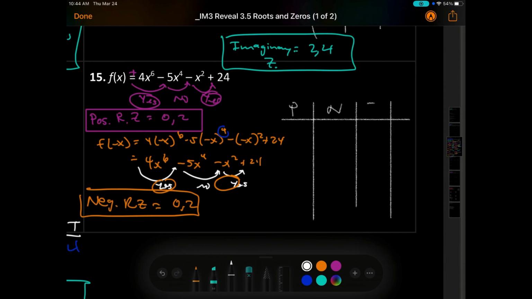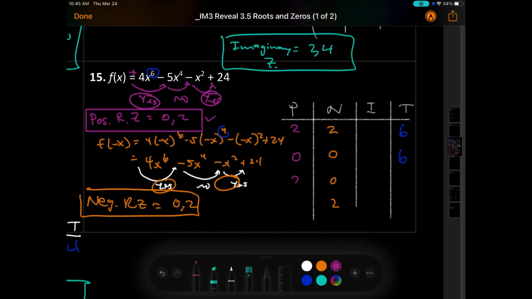Positive, negative, imaginary, total. So the total is going to be 6. I think we're going to have at least 2. So our positives, 2 and 0. Let's see what happens here. And then our negatives. Okay, this is why I realize we need to have, let's see, watch. Because you could put the 2 here, or the 0 here.